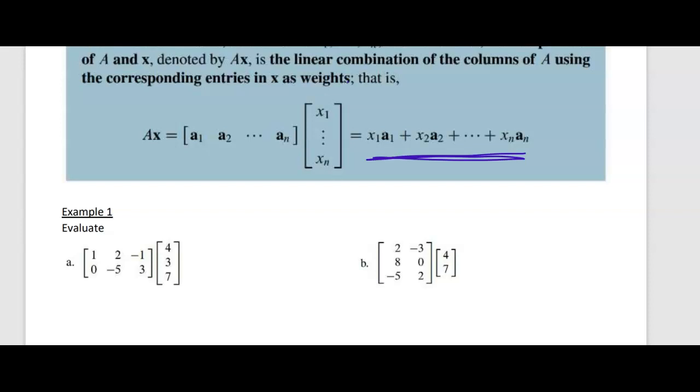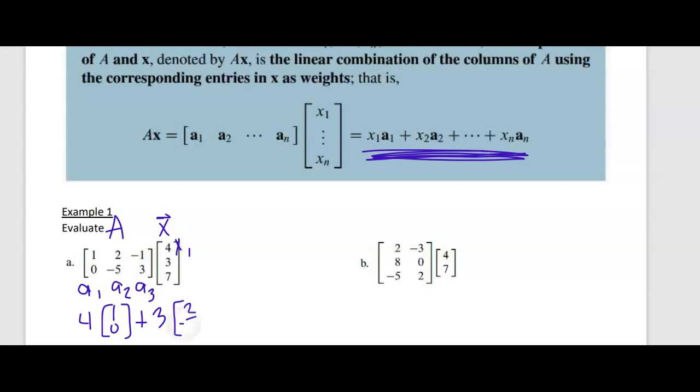So this is my A, and this is my column vector x. And I want to say then that this is A1, this is A2, and this is A3. So based on our definition here, this is x1, so 4 times the column vector A1 plus 3 times the column vector A2, and then 7 times the column vector A3.